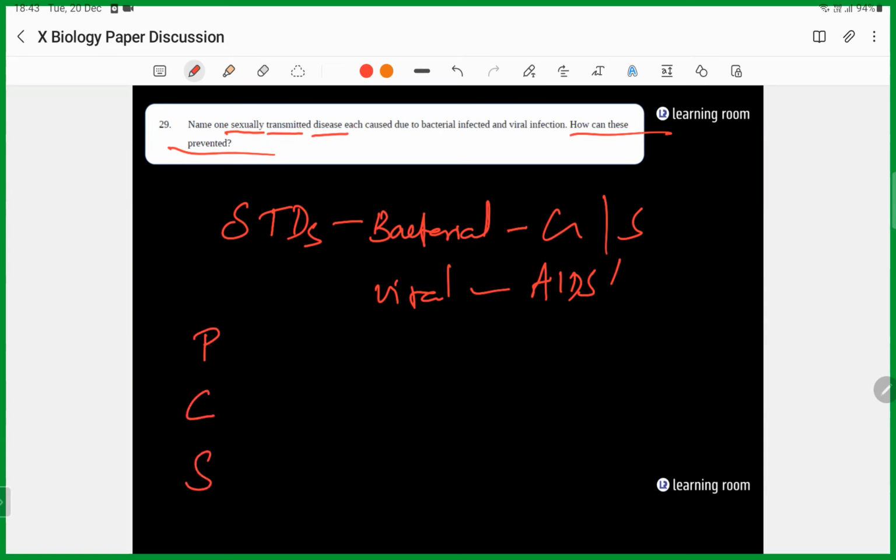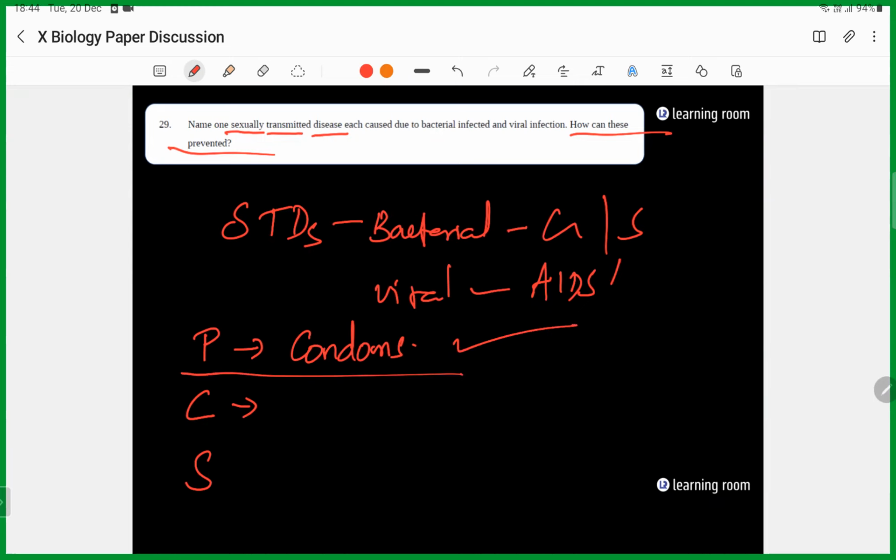In general, the physical ones are barriers, for example condoms and copper T. Basically, to prevent sexually transmitted diseases, the use of condoms is one preferred method.